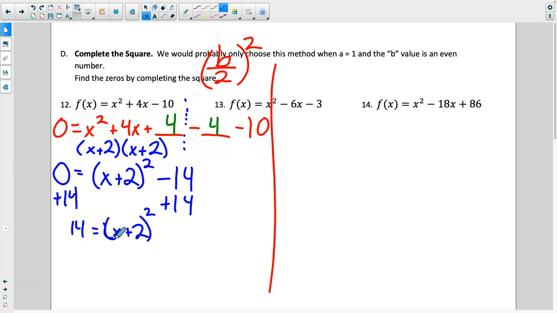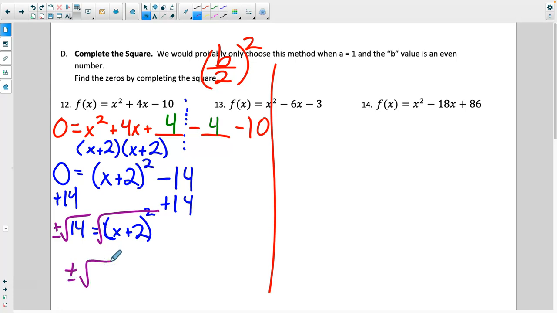Square root. Do I get an i here? No, because it's not negative. That's actually something I do see: people think, hey, we're in the imaginary unit, everything I do has to have an i. No, pump the brakes on that. It's got to be negative. So plus or minus the square root of 14.